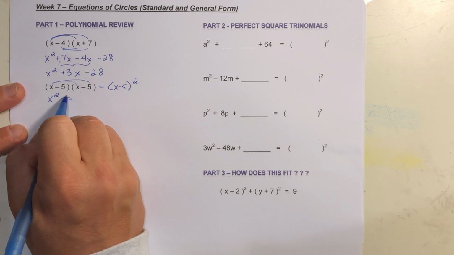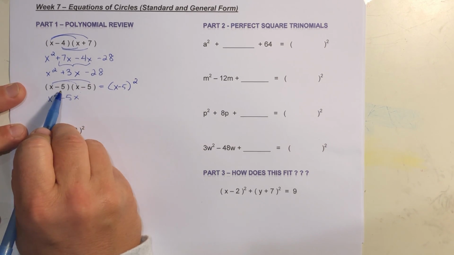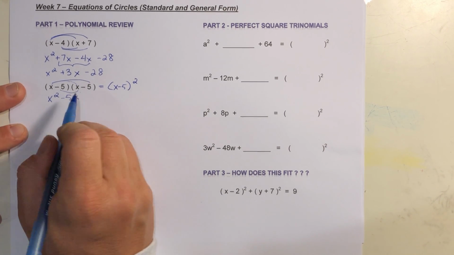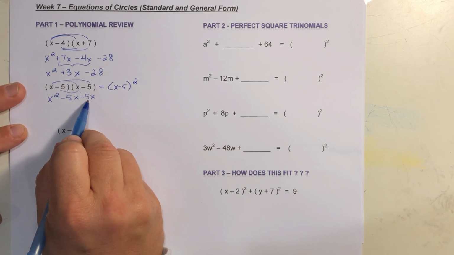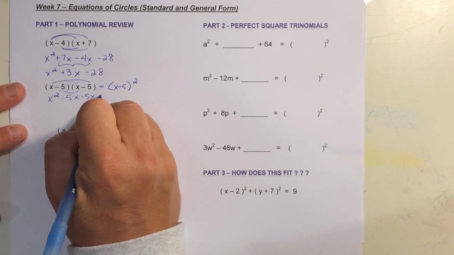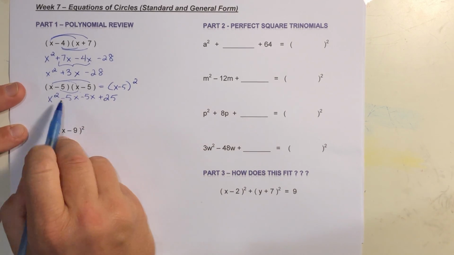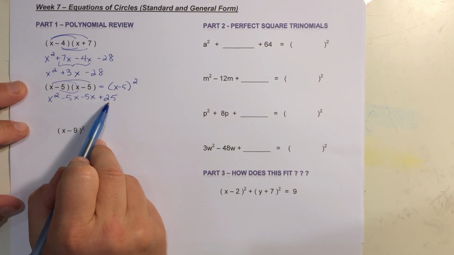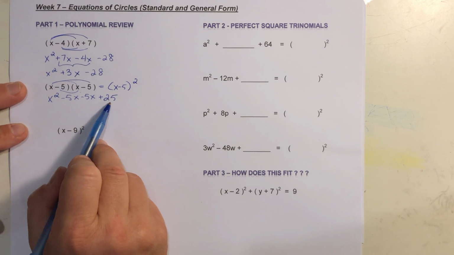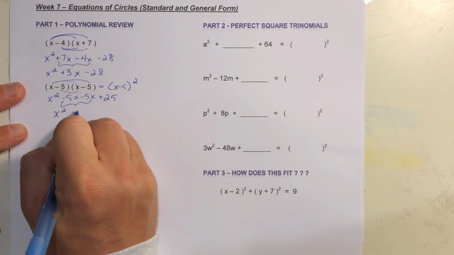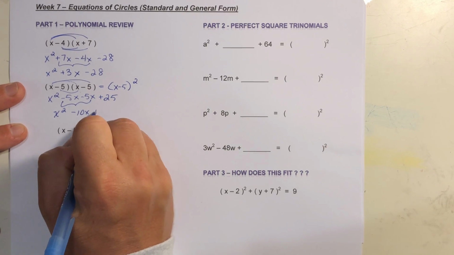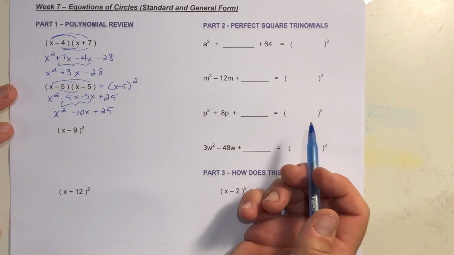X times negative 5 gives me negative 5x. Now, I'm going to get the same term here again in the middle, minus 5x, and at the end here, I'm going to get a perfect square, because negative 5 times negative 5 is plus 25. Now we end up with x squared minus 10x plus 25.